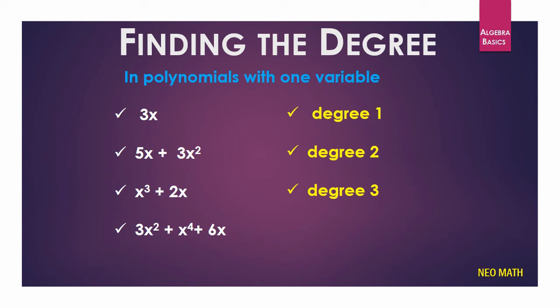So the highest power is 4, so it is degree 4. And the next example is x² + x + 3x⁵. Here we have 3 terms. The power of the variable in the first term is 2, in the second term is 1, and in the third term is 5. So the highest power is 5, so it is degree 5.